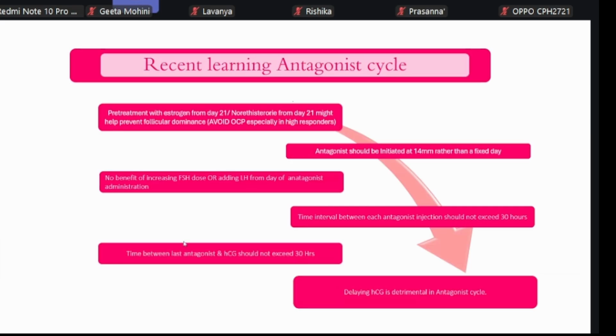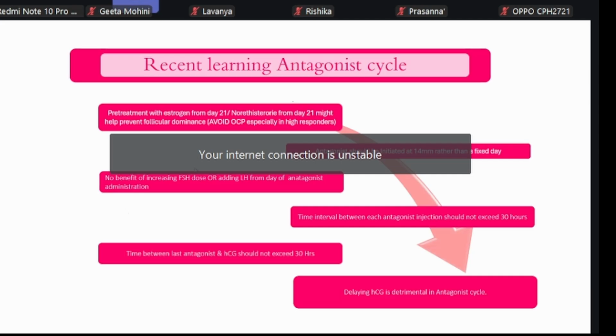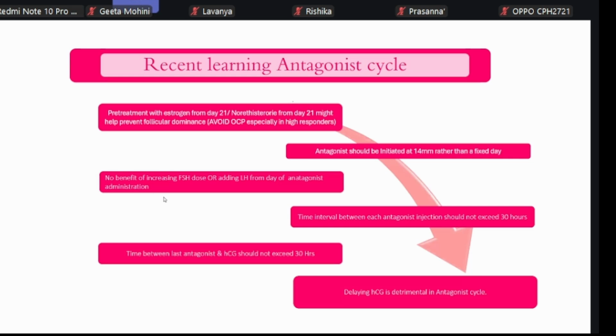A few points in antagonist cycles. To prevent asynchrony on day 2 of the cycle, we can consider pre-treatment with estrogen or progesterone from day 1 of the previous cycle. The antagonist should be initiated based on follicle size rather than a fixed protocol. Whenever a dominant follicle is 14 mm in size, it is ideal to start the antagonist. There is no benefit in increasing the FSH dose too much or adding LH from the day of antagonist, so we can consider giving both FSH and HMG, that is LH also, from day 1 of stimulation.